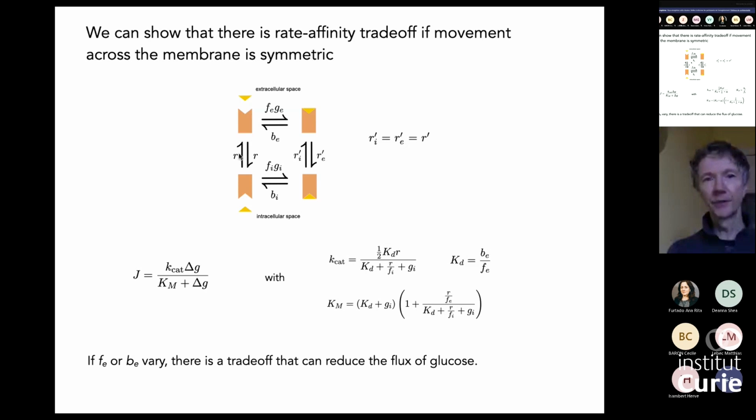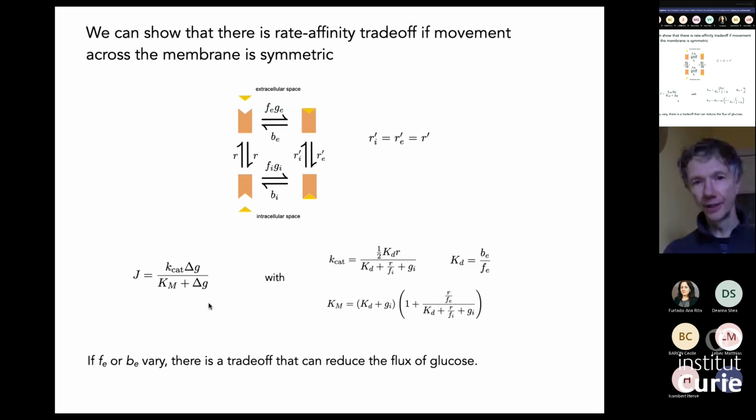If I vary the other ones, for example R, then I get a trade-off. But when I place how these two parameters are changing into my equation for the flux, if I increase R, the flux always increases. So even though kcat is increasing and Km is too, the increase in kcat dominates the change in Km, so the overall flux increases.